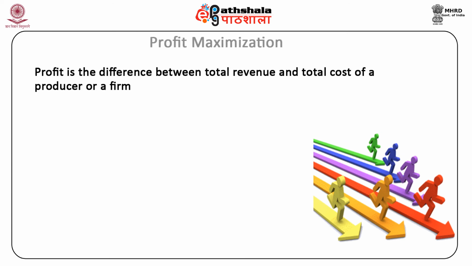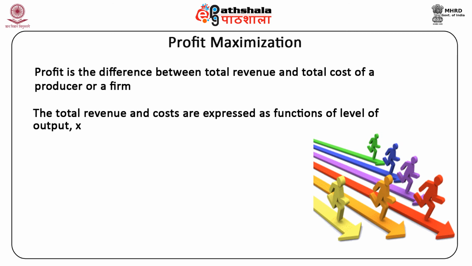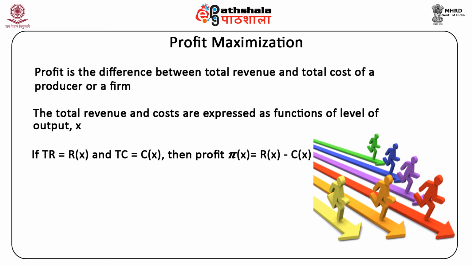Profit is the difference between total revenue and total cost of a producer or a firm. Now, we know that the total revenue as well as the total cost are often expressed as functions of the level of output, x. If we write TR is equal to R(x) and TC is equal to C(x), then profit can be written as pi(x) is equal to R(x) minus C(x).